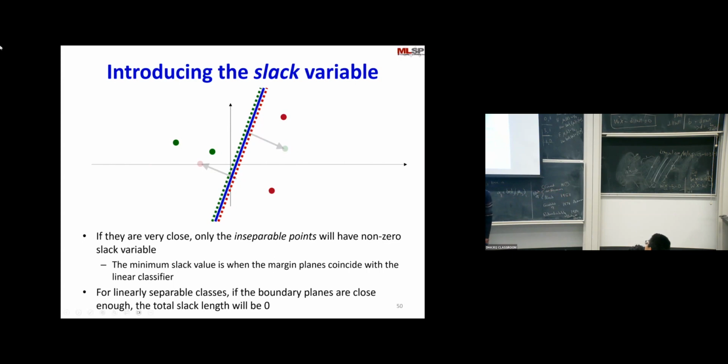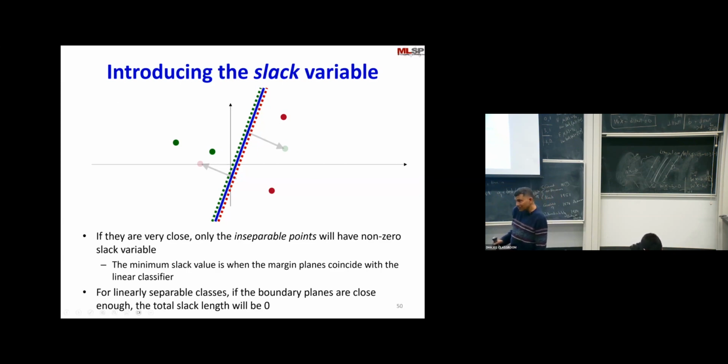Because the boundary planes are in the correct direction, right? The positive boundary plane is on the positive side of the decision boundary, so you can't push it to the other side. So this is the best case for the red dot, and also the best case for the green dots. This is the best case for the slack. And then what is the problem with having the boundary planes there?